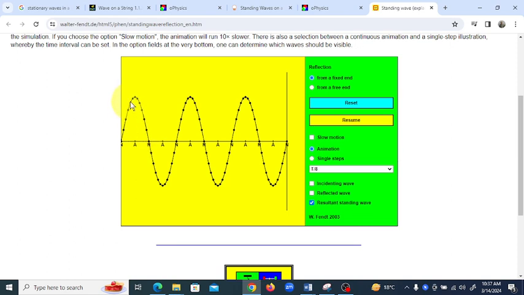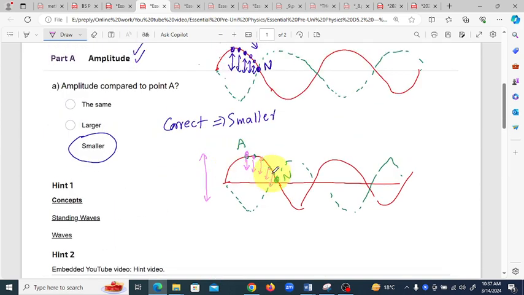There is a phase difference when particles are separated by nodes, whether one node, two nodes or three nodes. For example, the particles beyond the next node are moving upward, so they have a phase difference of 180 degrees. But compared to A, all the particles up to the node are moving down, so they have no phase difference. So the answer is zero phase difference. I hope it will work. Thank you.